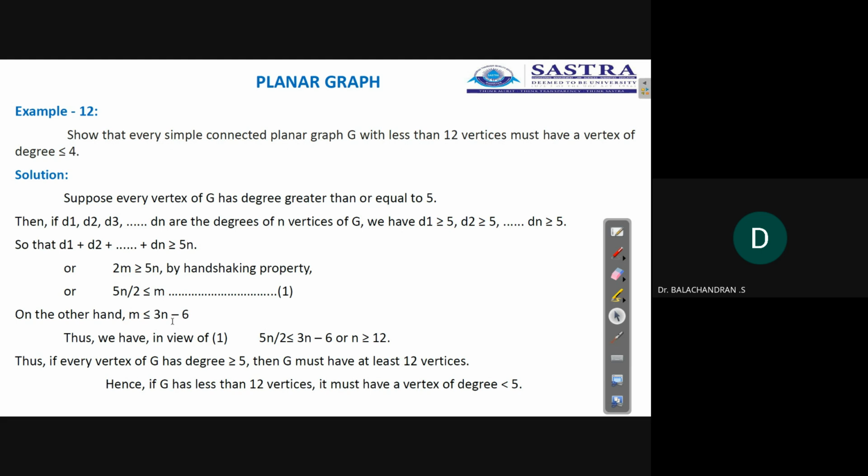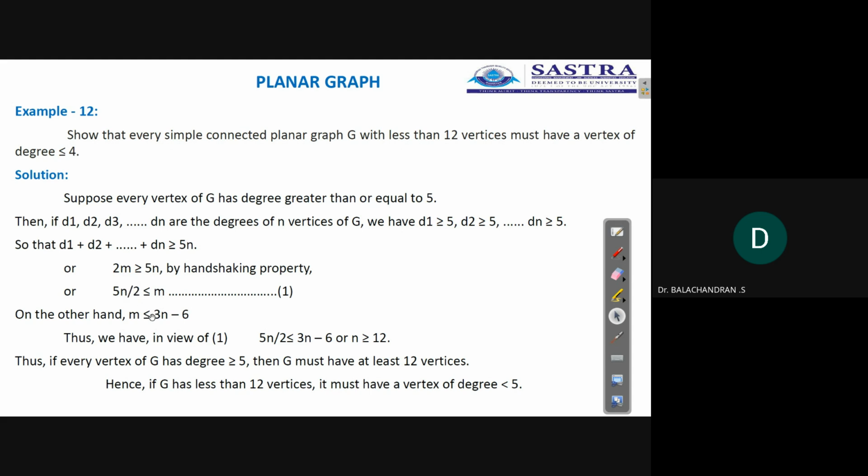Now, from 1 and 2, we can write 5n/2 less than or equal to m, but m is less than or equal to 3n minus 6.